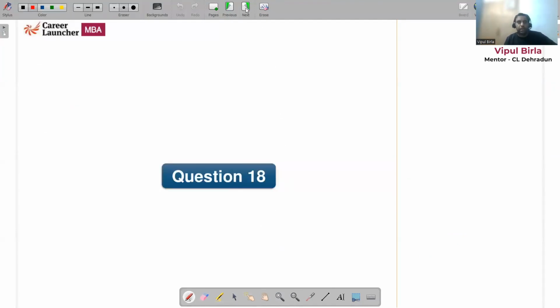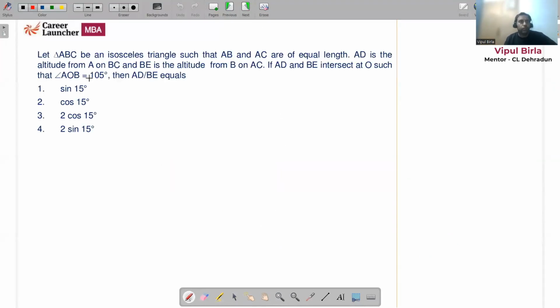Let's look at question number 18. Let triangle ABC be an isosceles triangle such that AB and AC are of equal length. AD is the altitude from A on BC and BE is the altitude from B on AC. Okay, let's make the figure. ABC is an isosceles triangle.